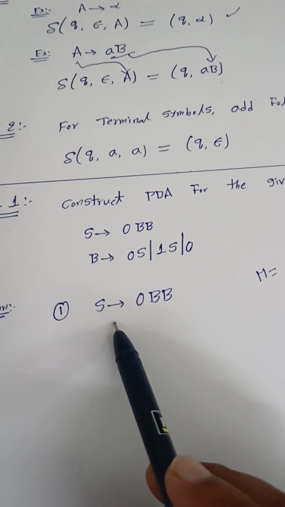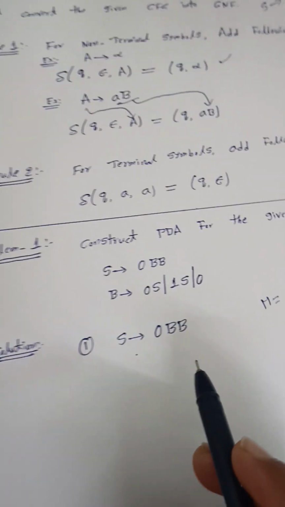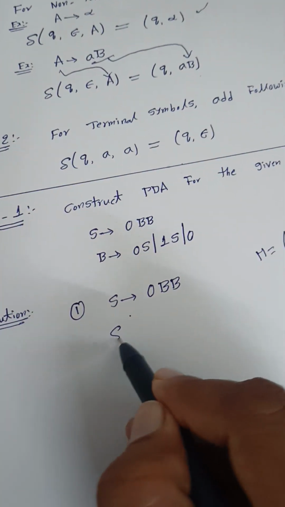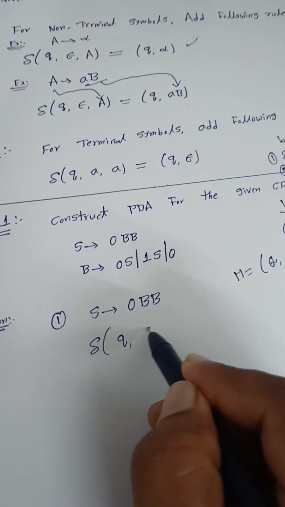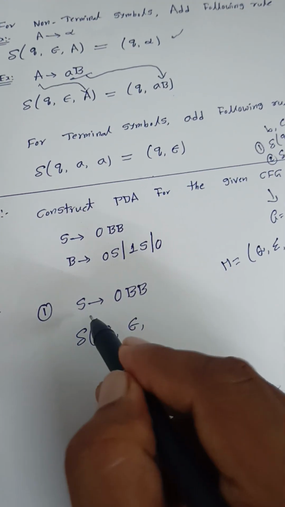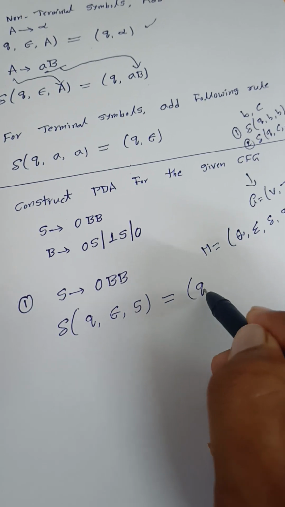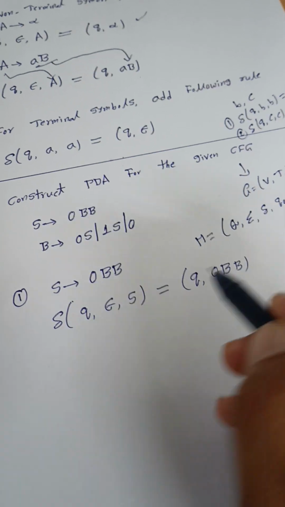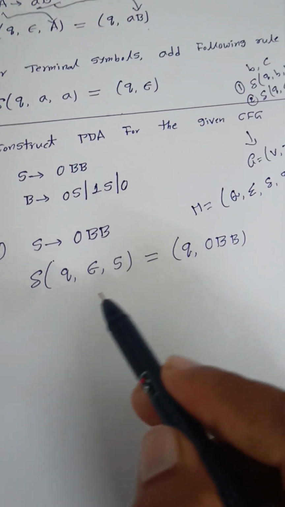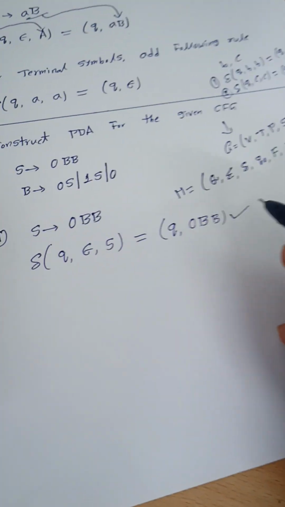Here S implies 0BB. Simply we write delta of q comma epsilon comma S is equal to q comma 0BB. This is the PDA format for this production rule.